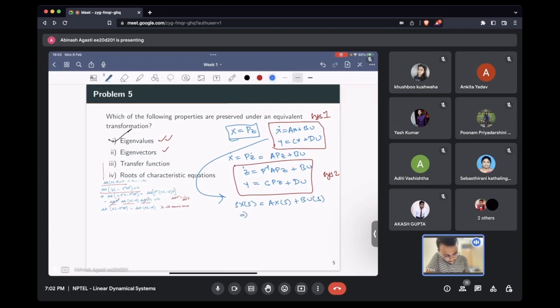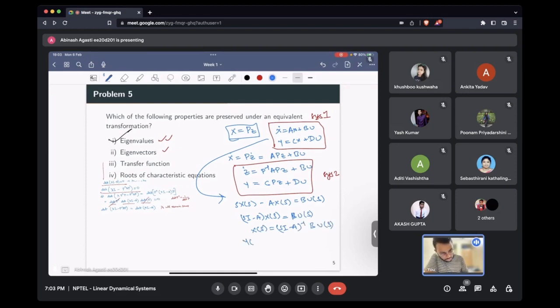Now this implies, let's just club these terms together. So this is (sI minus A) X(s) equal to B U(s). So X(s) is (sI minus A) inverse B U(s).